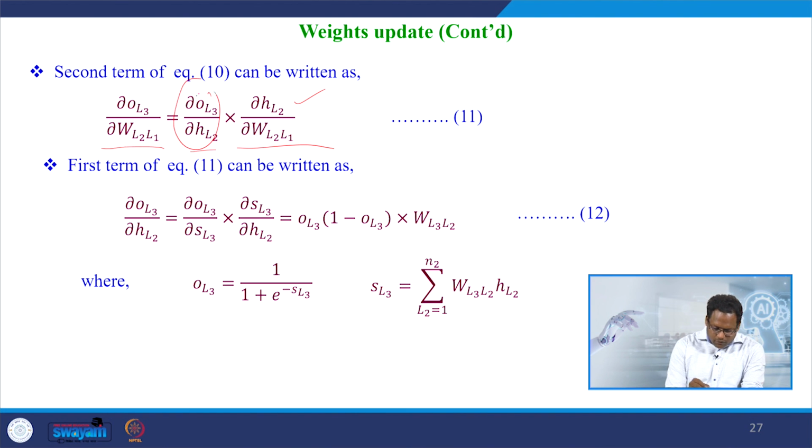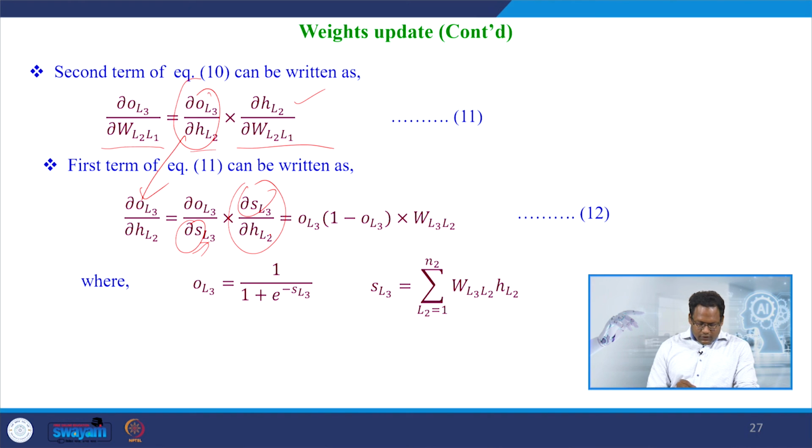So, this term is further expanded into ∂OL3/∂SL3, which is the input to the output layer SL3, into, by the chain rule, ∂SL3 upon the output from L2, that leads to this.